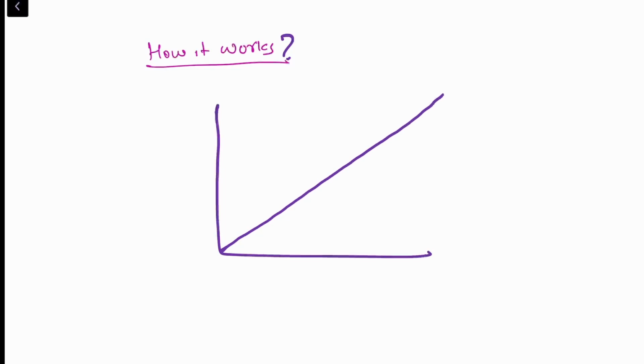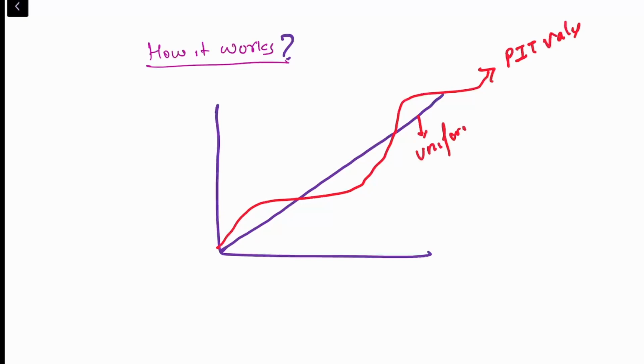This is my perfect uniform distribution, and my values are ranging like this. So I have plotted the cumulative percentage of PIT values. This is the PIT value, and this is your uniform distribution, where values start from 0 to 1.